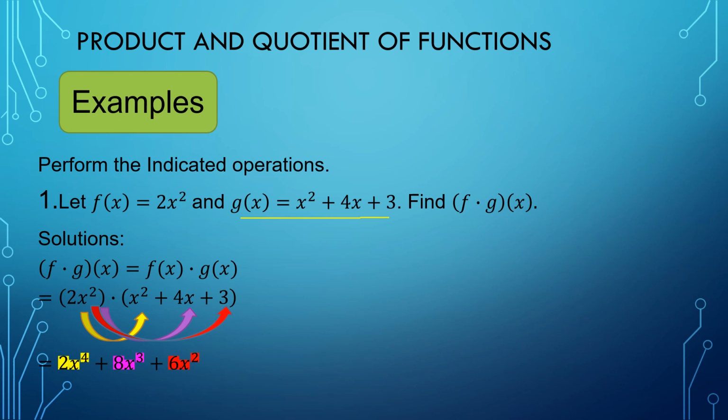So, 2 times 3, that is 6. Since 3 here is a constant, yung 3 walang variable x, so therefore, we will copy only the x squared of 2, kaya 6x squared. So therefore, the answer will be 2x to the 4th power plus 8x cubed plus 6x squared.